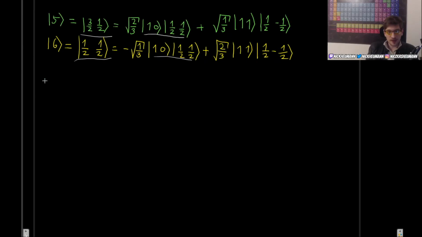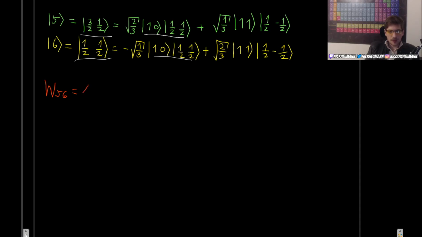The good thing is that W56, as we saw when we were first seeing degenerate perturbation theory, is the same as W65. So we will only have to find one of these. Whichever one you want to go for doesn't matter. Let's go for W56, and we're going to do exactly the same thing that we just did.